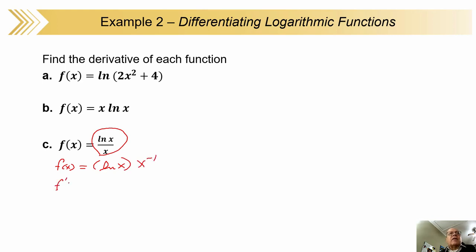So our derivative equals, we'll write the first one intact, the natural logarithm of x, and then the derivative of this part, which we'll just do temporarily, plus we're using the product rule, so this time we'll have a natural logarithm of x, take the derivative of that, and our x to the minus 1 the way it was originally.